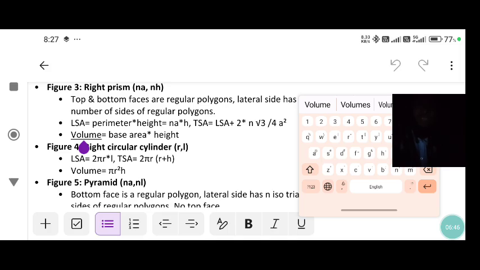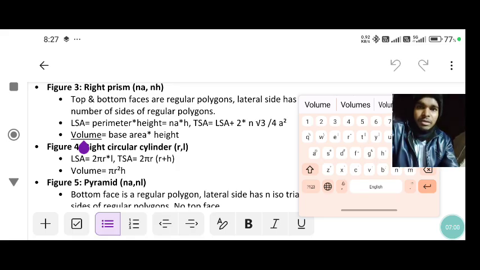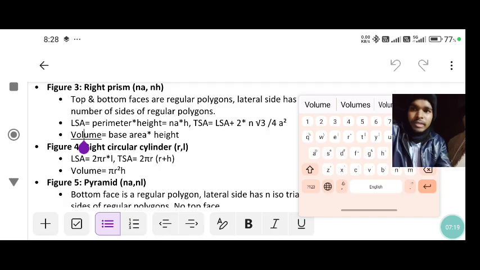Area of base is calculated by two formulas: n into the area of each triangle, or the perimeter of the regular polygon into the distance between the center and the perpendicular, that is the radius, the apothem, divided by 2. This is how base area is calculated. Base area into height is the volume.